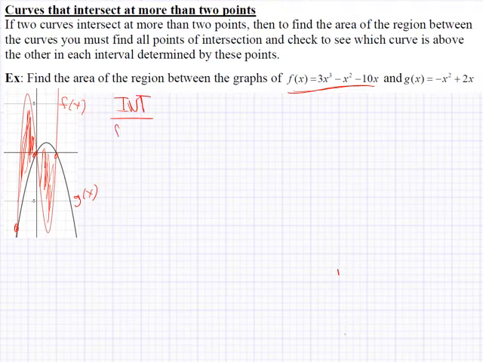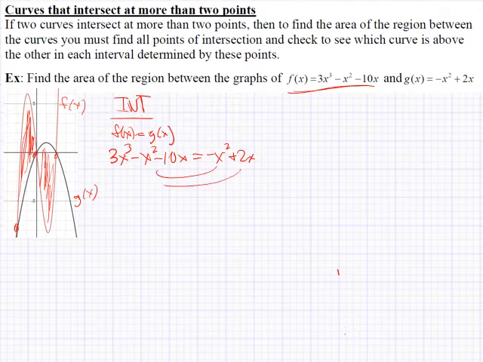So if we set f of x equal to g of x, we would get 3x cubed minus x squared minus 10x equals negative x squared plus 2x. And this is a cubic equation, so the best way to solve would be to set equal to 0 and factor. So we'll bring these over to this side.